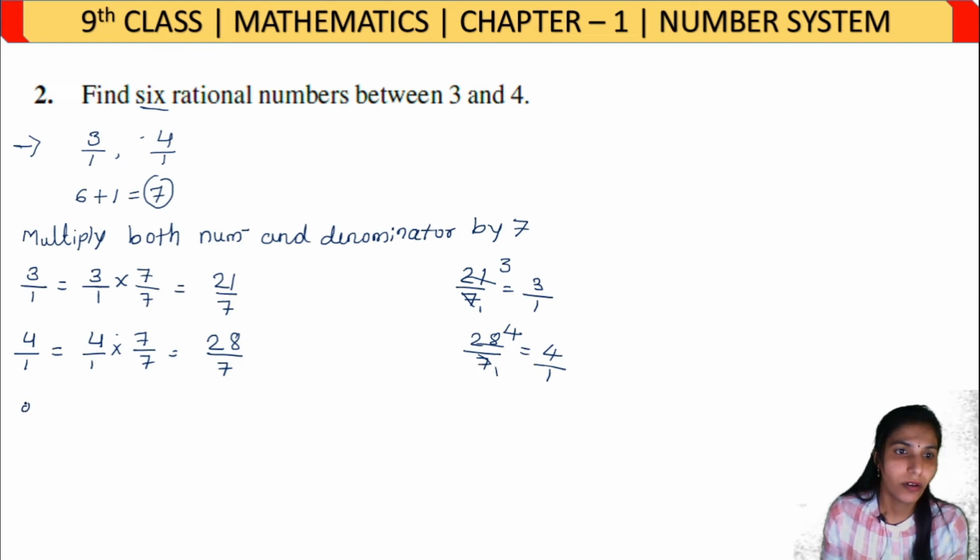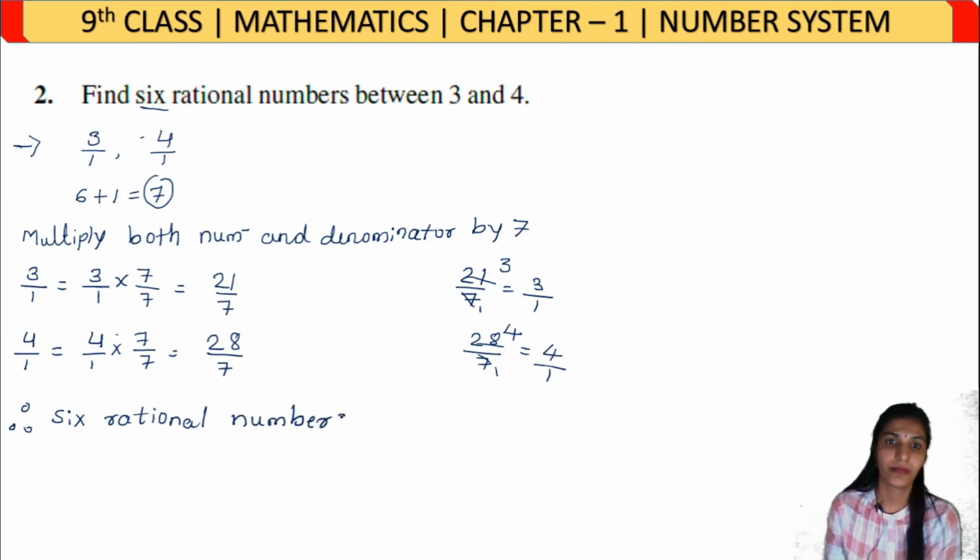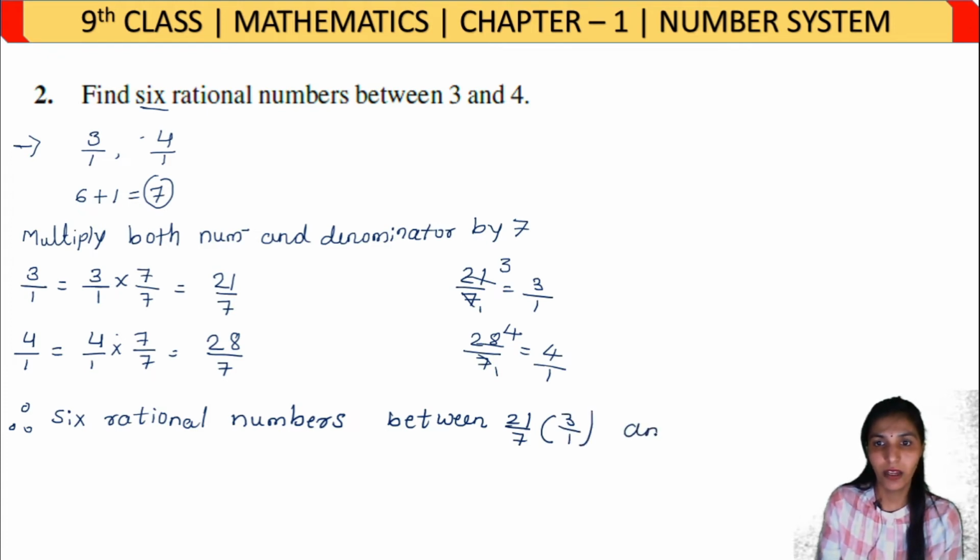So therefore, 6 rational numbers between 21 by 7, which is nothing but 3 by 1, and 28 by 7, which is nothing but 4 by 1.